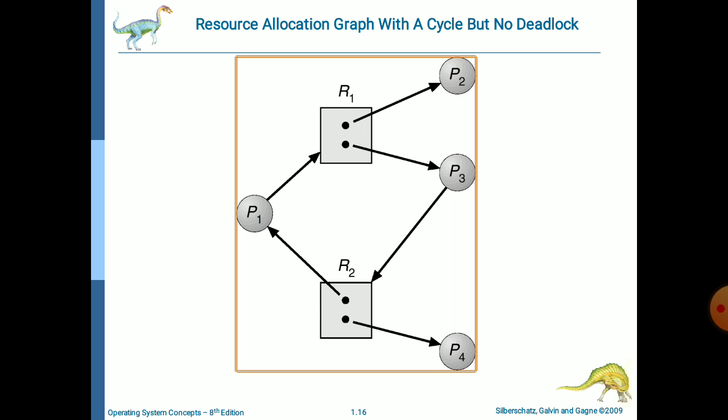Now you can have a sequence of execution like this. If P2 gets executed, it will release R1, which is given to P1. So P2 executes first, then next P1, then P4 and then P3. So even though there is a cycle here, it will not enter into a deadlock.